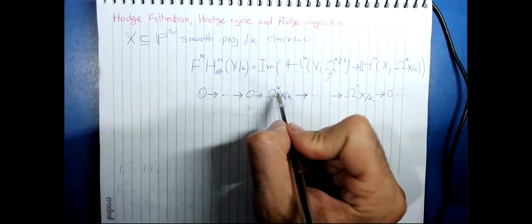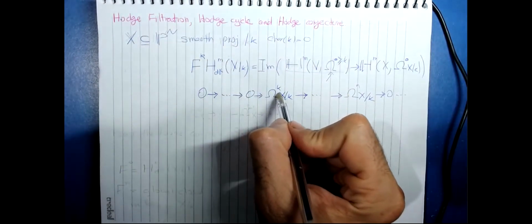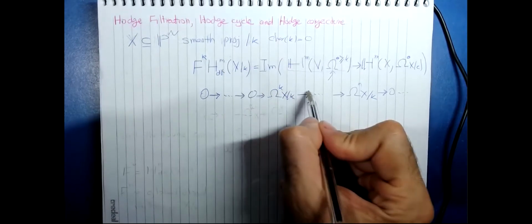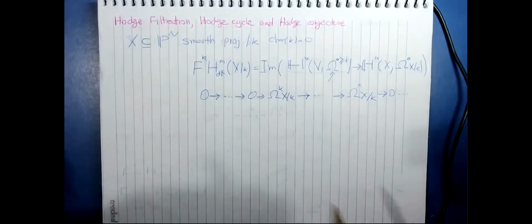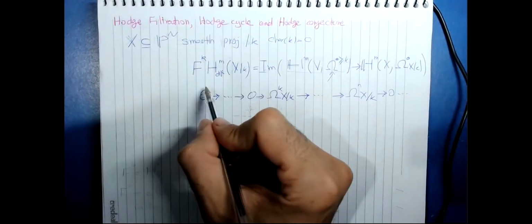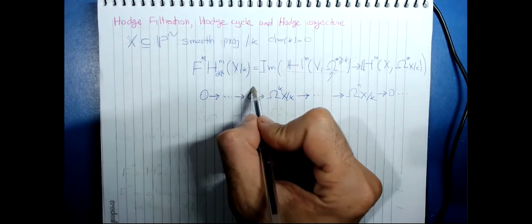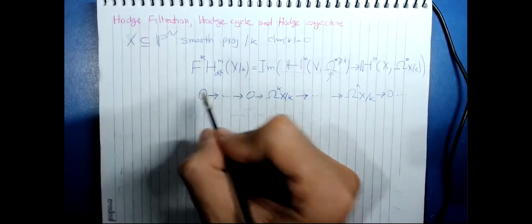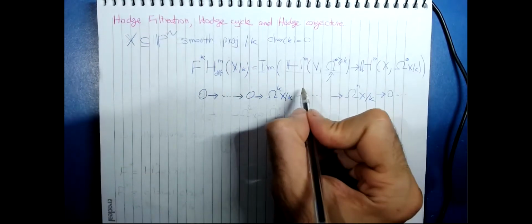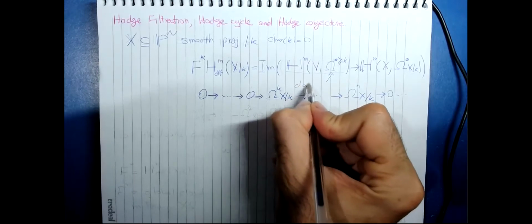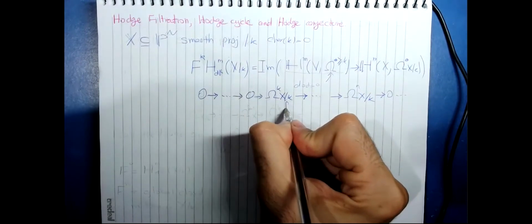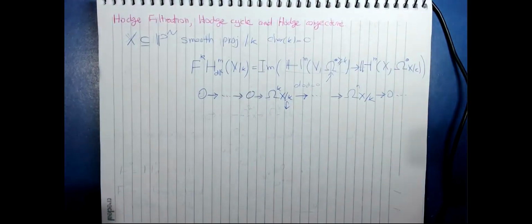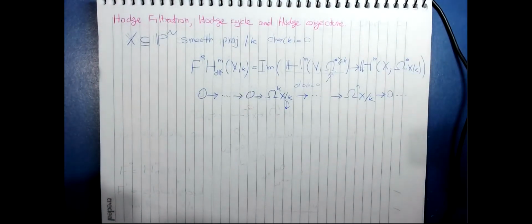Starting from Omega^k, it is just the usual differential forms, Omega^k, Omega^(k+1), until Omega^n. But for the differential forms of degree 0, 1, up to k minus 1, we just put 0. And this is still a complex because d squared is equal to 0. And the point is that this is a subcomplex of the usual complex of differential forms.